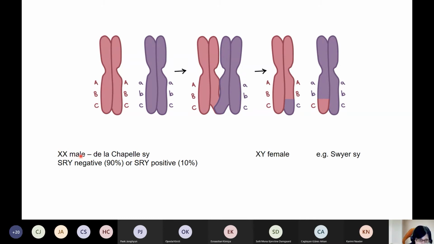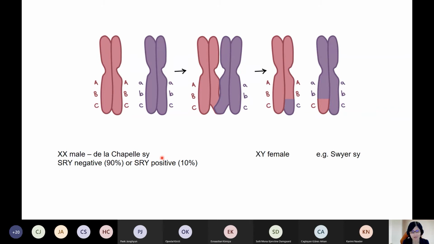In this case, we speak about XX males, and this is a very rare condition called the De La Chapelle syndrome. 90% of these XX males are SRY positive, sorry, that is a mistake, I should correct. So they are SRY positive, so their X chromosome contains the SRY gene, but only in case of 10% they are SRY negative.